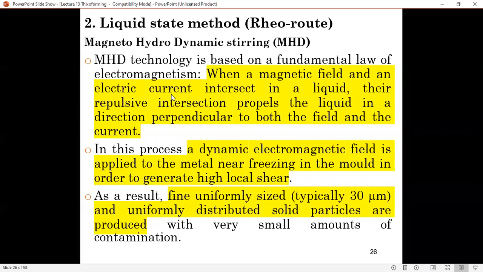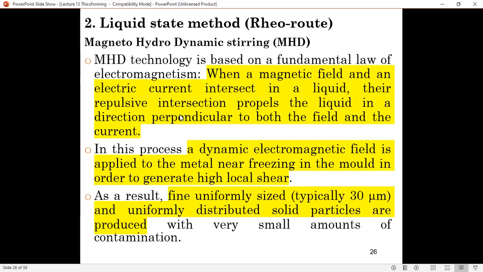In this liquid state method, there are two methods. One is magnetohydrodynamic stirring, MHD. The other one is by mechanical means, by slope casting. MHD is based on the fundamental law of electromagnetism. The magnetic field and the electric current intersect in the liquid, and their repulsive interaction propels the liquid in a direction perpendicular to the field and the current.